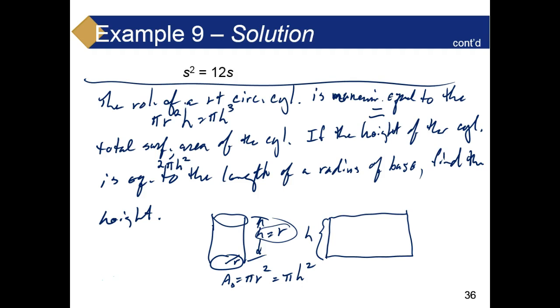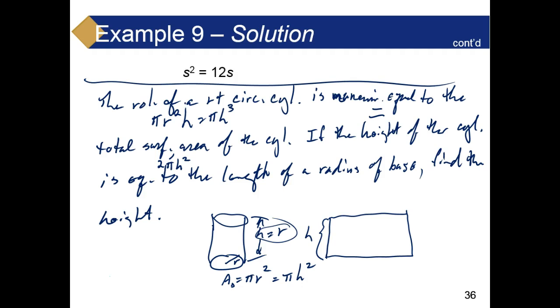That height, you just flattened it out. Now, what is this length? Yeah, it's the width of that, but what is it? Not the radius. What about the circle? Circumference of the circle.